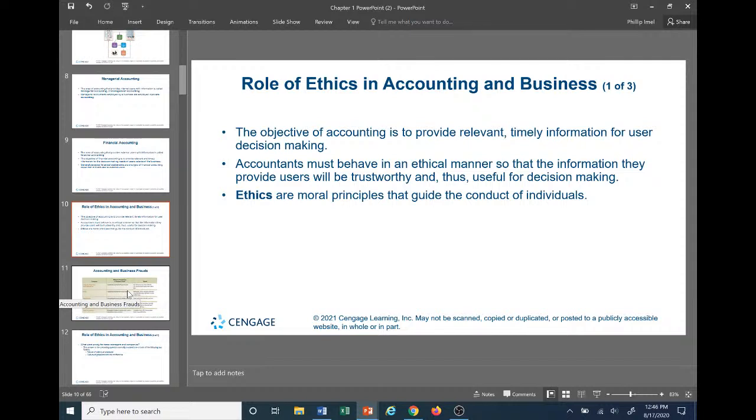Now, ethics is very important and plays an important role in both accounting and business. I think everyone can infer why this would be so. Business deals with a lot of money, and a lot of people like to get their hands on money, and a lot of times people might do something a little unethical in order to obtain it.